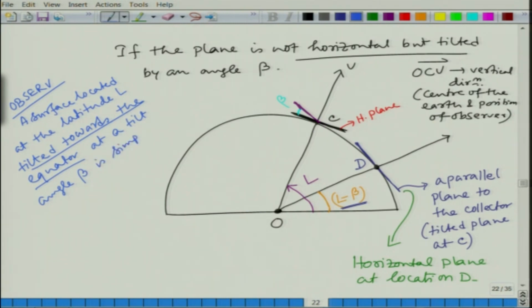simply parallel to the horizontal plane at the latitude L minus beta.